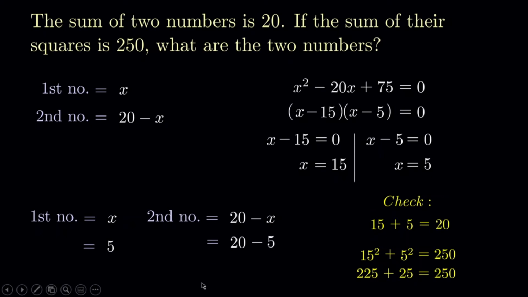So 20 minus 5 is equal to 15. So the first number is 5 and the second number is 15. Nagpalit lang pero parehas pa rin. Okay? But take note, always check, no? Parating ipapalit yung nakuhang value ng variable dun sa representation natin. Okay?